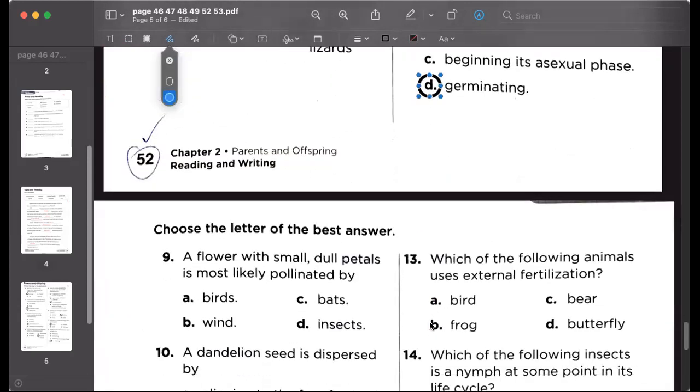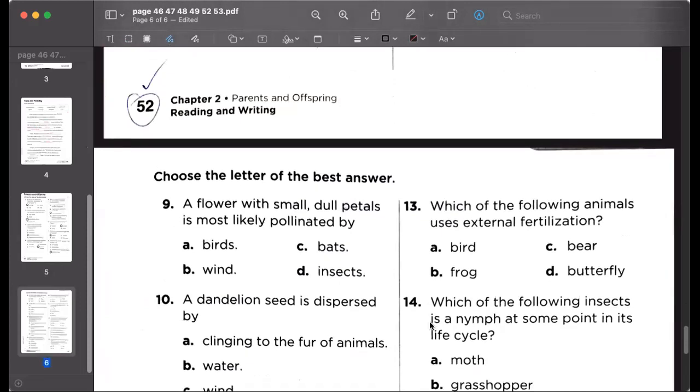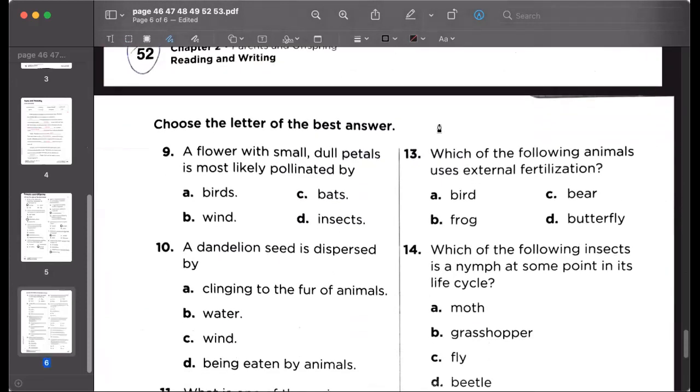Now, page number 53 over here, I just mentioned, so you don't forget. Just a minute, that is your 53. Here you have question number 9.